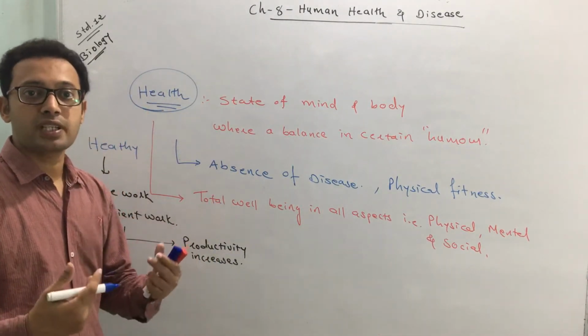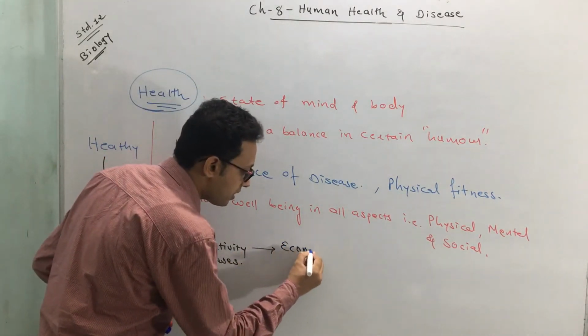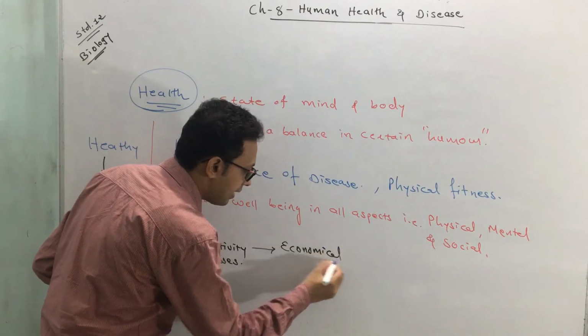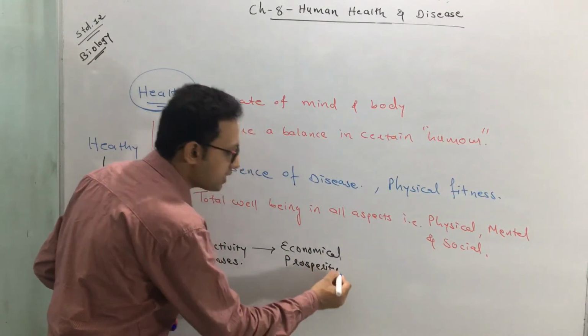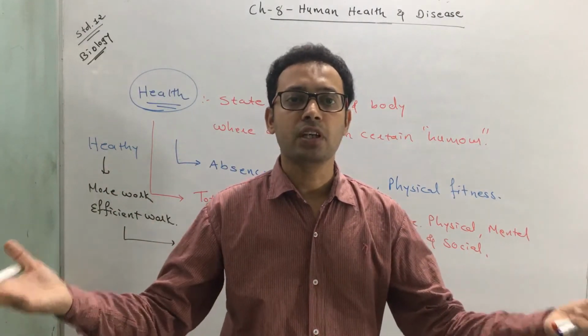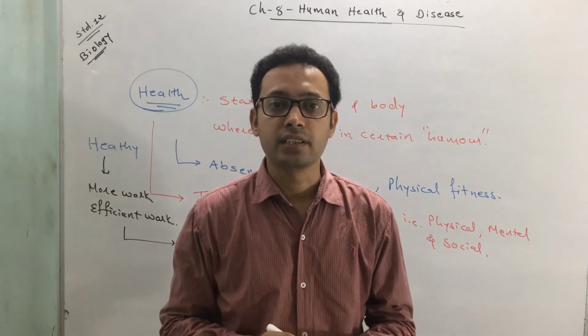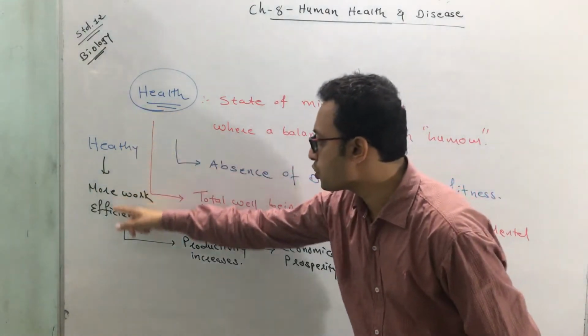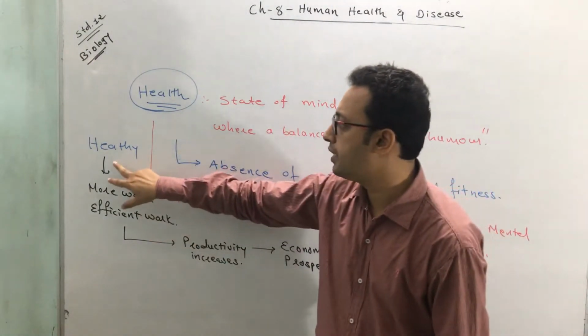When you are more productive, obviously there is economical prosperity. Ultimately, due to economical prosperity, prosperity also occurs in different fields. So the individual becomes healthy, and ultimately the society becomes healthy. So this is the reason why you should be healthy.